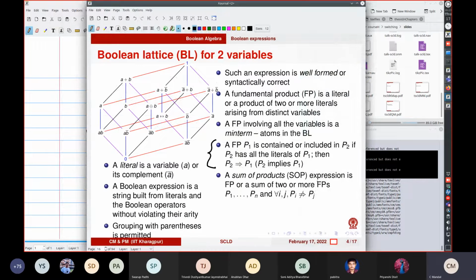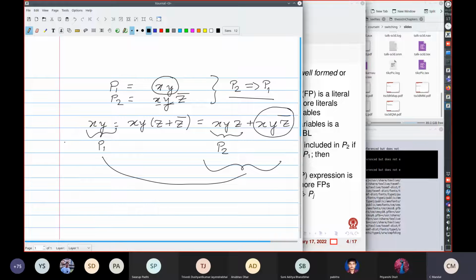So a sum of product expression is either a single product or a sum of two or more fundamental products. So this is an example of a SOP. All of these are fundamental products. This one, this one, this one.